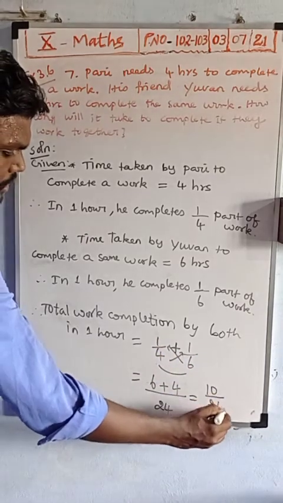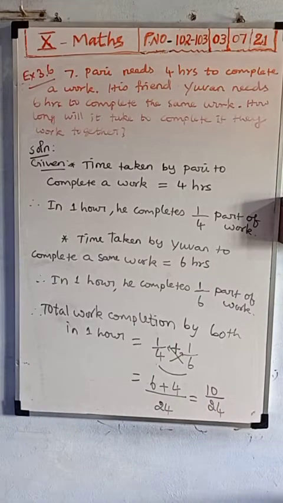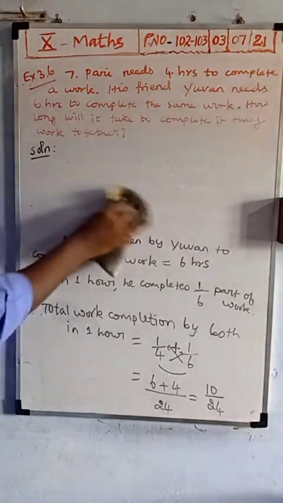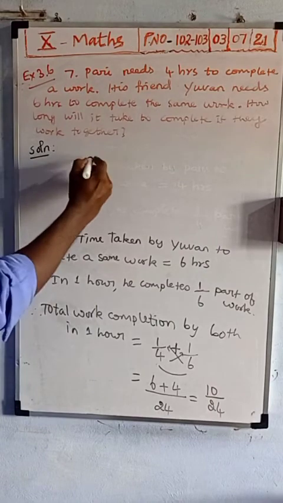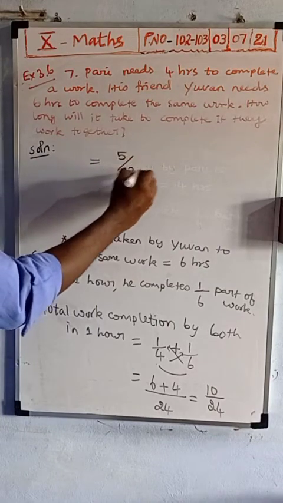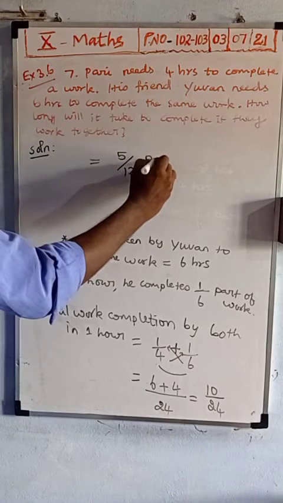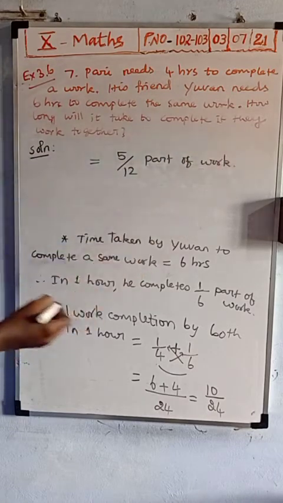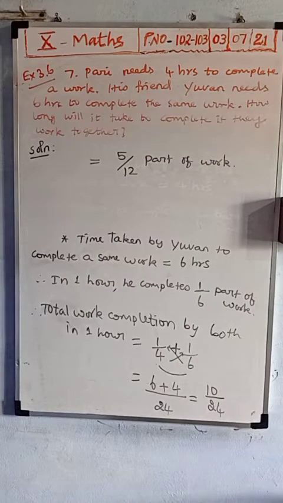Now 10/24, this you should cancel, we will get 5/12. So 5/12 part of work. See, this we convert into hours.